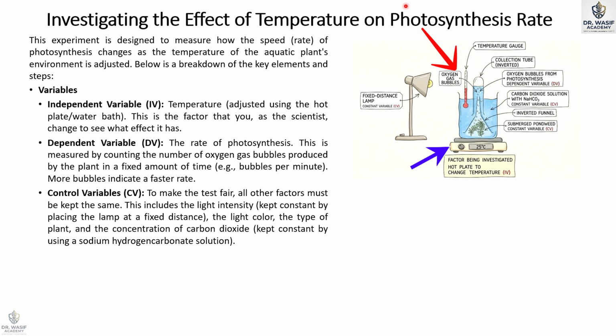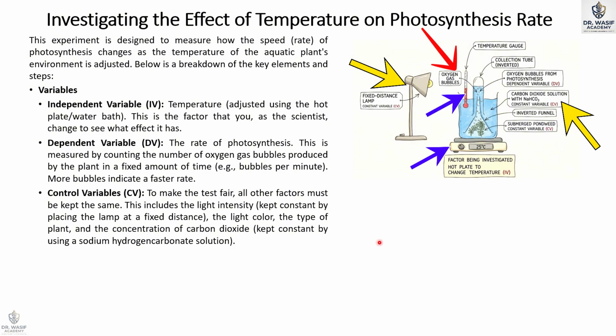To make this a fair test, we must be incredibly strict. The light intensity must stay exactly the same, so the lamp does not move. The carbon dioxide concentration must stay constant using our sodium hydrogen carbonate solution at the same concentration. Because if we change any of these, we would not know if the temperature is truly the cause of the change in the bubble rate or if there is something else.